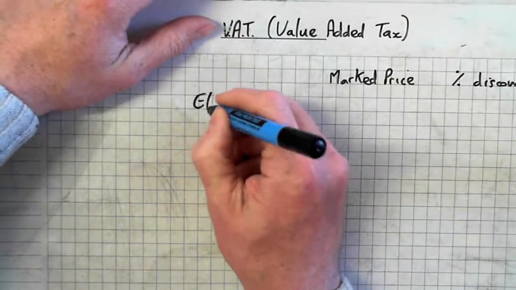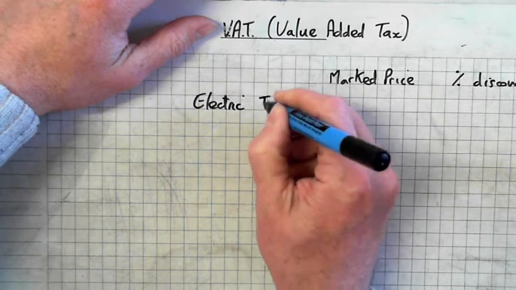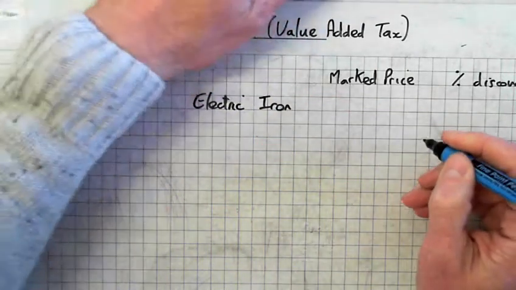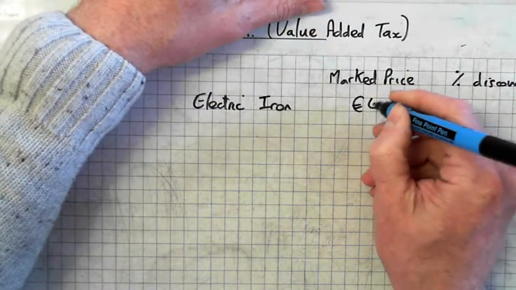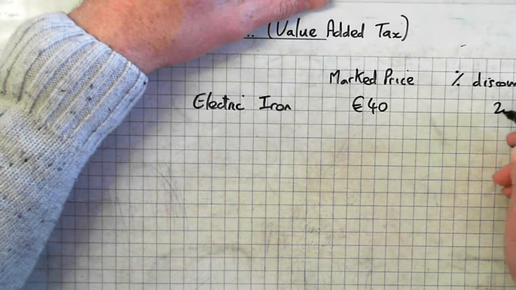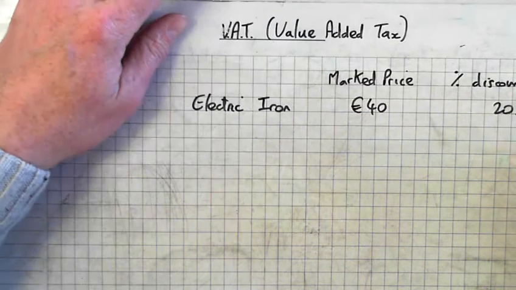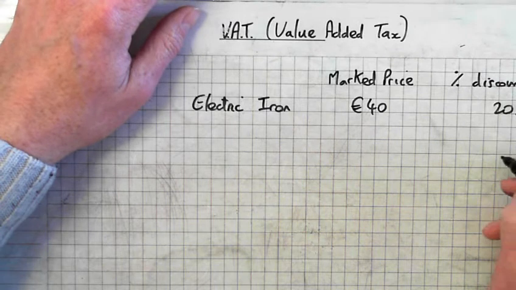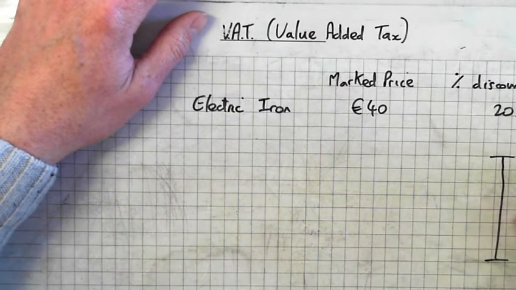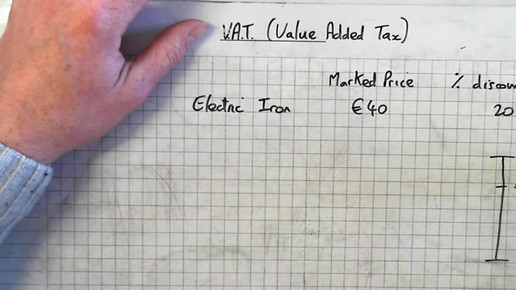An electric iron. It's €40, and they're offering a 20% discount. So if I take off 20%, what percentage am I left with? If I take off 20%, so I'm looking for 80%.